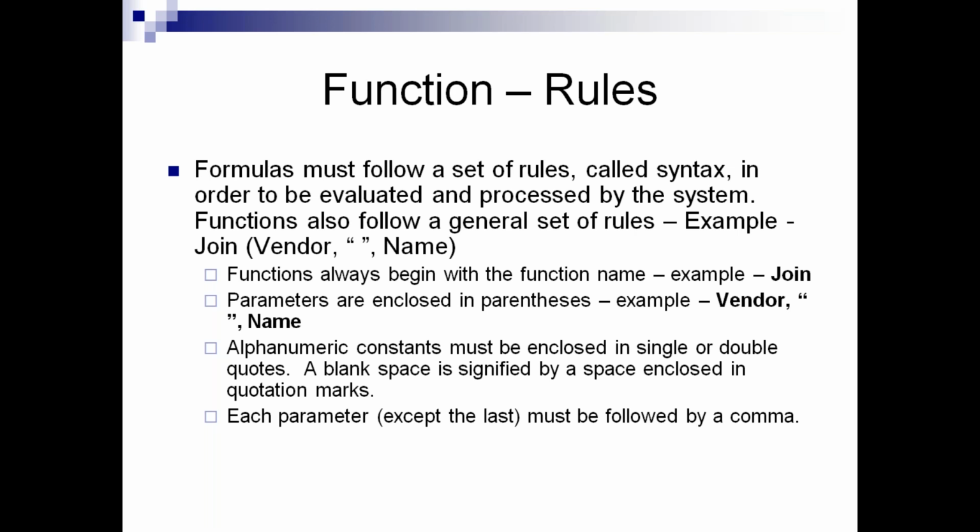I'm joining the vendor, comma, and then inside quotes I've got a space, and then a comma, and then the name. So if you join things together without spaces between the fields, it's going to run them together. And then the pieces of the function are separated by a comma. So you're separating the parts within the parameters, is basically what that means.